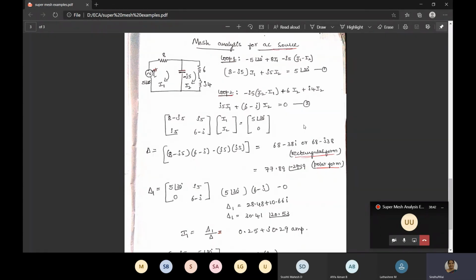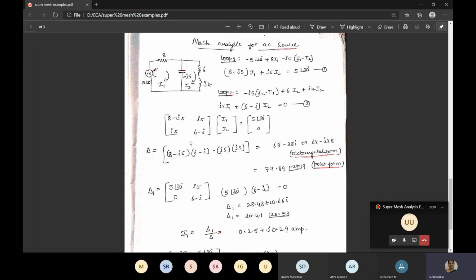So two equations, two unknowns, put them in the matrix form or determinant form. To find out this current I1 and I2, we cannot substitute this directly in the calculator. In the calculator in equation mode, we cannot substitute the J terms. Okay, it's not possible. So I have told you should know this Cramer's rule here.